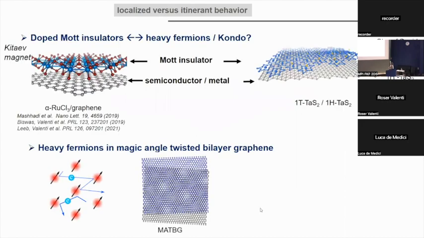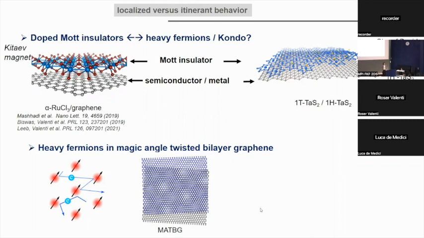Some examples of this type of heterostructures or twisted structures are given at the top of the slide. On the one hand, there are now a lot of studies on heterostructures where you take a Mott insulator, alpha ruthenium trichloride, which is a Kitaev material.